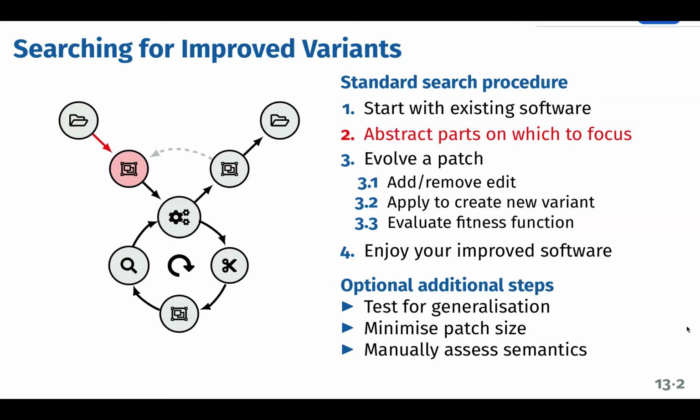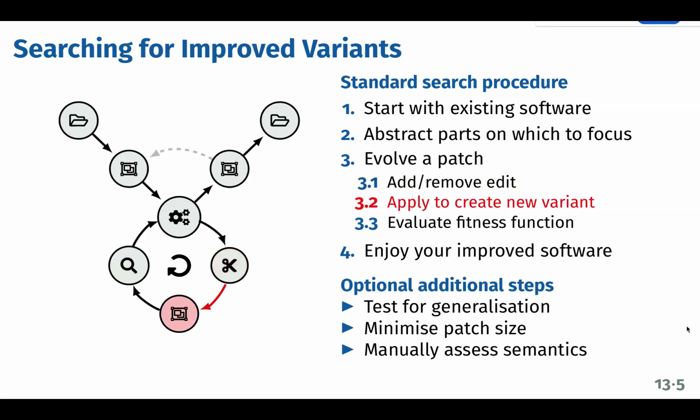You might have a very large software and you might not want to evolve everything at once. So there will be parts that you leave untouched and parts that you will model. From those parts only, you will evolve a patch that consists in trying to add or remove edits, so transformations to apply.